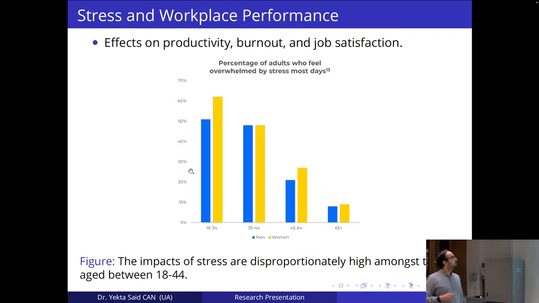It also has negative effects on productivity, burnout, and job satisfaction. Here you can see the percentage of adults who feel overwhelmed by stress most days, and especially under 45, you can see that 50% suffer from this overwhelming stress.